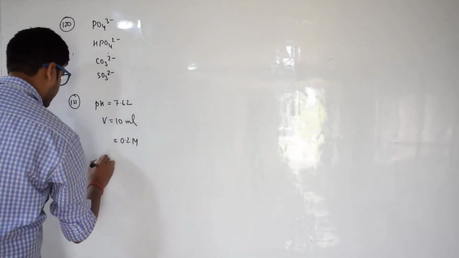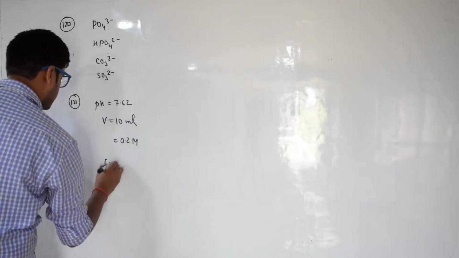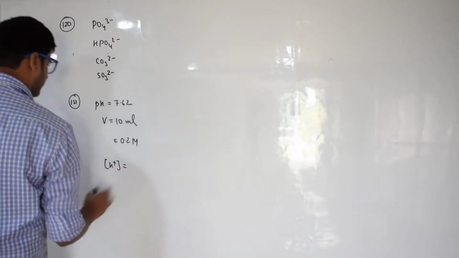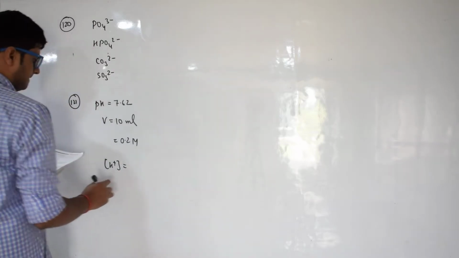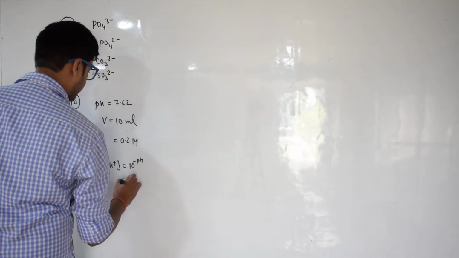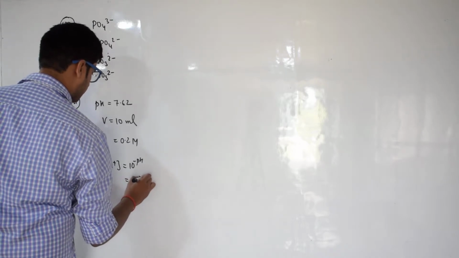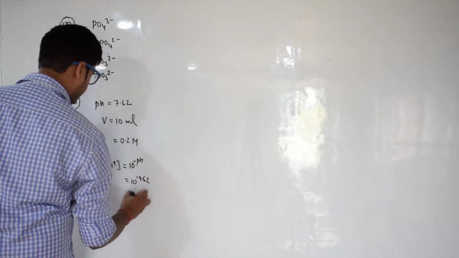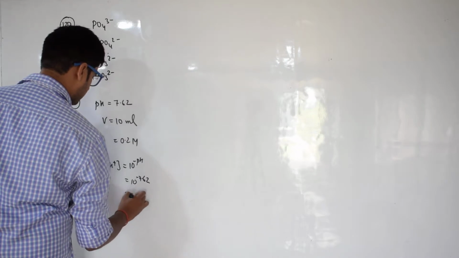So, from here we can calculate the concentration of H plus ion to be 10 raised to power minus pH, or it would be 10 raised to power minus 7.62, that will be nearly equal to 1.